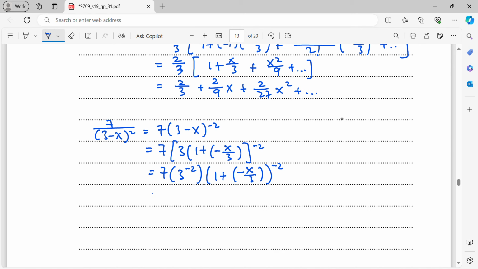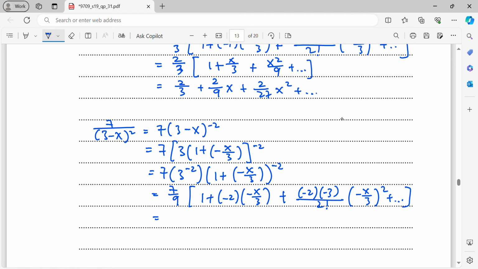Okay. Then here it will be 7 over 9, 1 plus minus 2 times negative x over 3. That is my nx. Plus minus 2, so minus 2 minus 1 is minus 3 over 2 factorial. Then minus x over 3 squared.